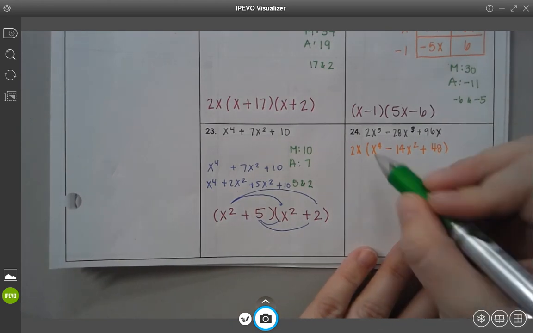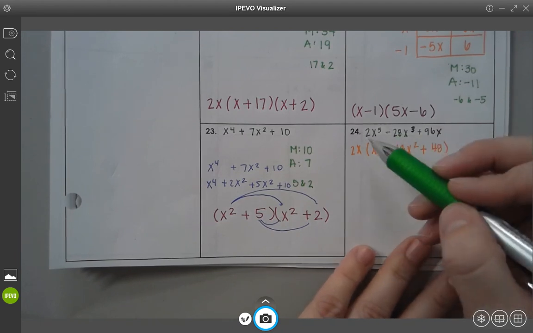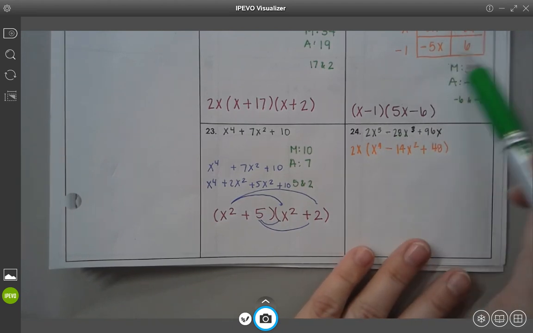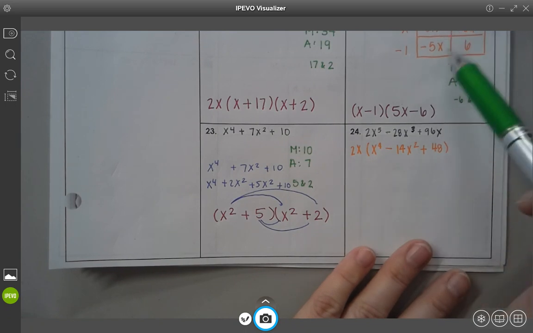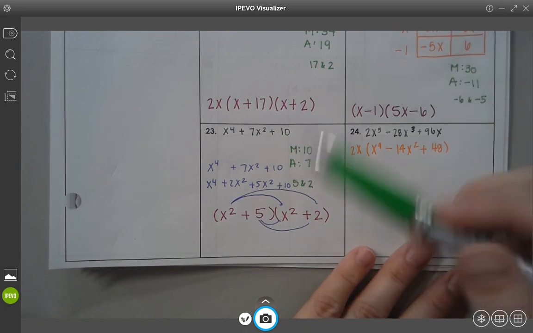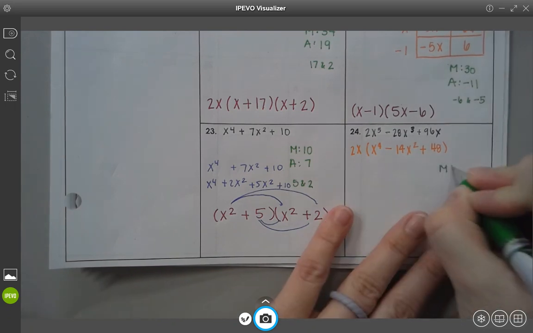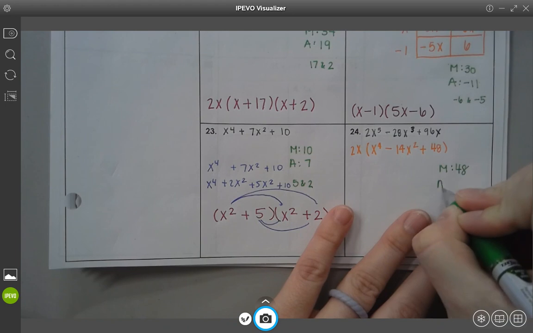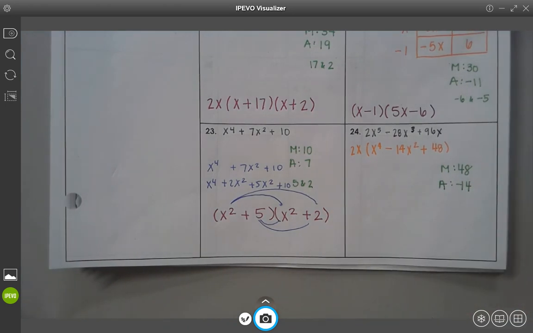So we need two numbers. There's no number in the very front. Now, if there was a number left in front of this x to the 4th, we would have to use the box method. And you would just use x to the 4th and x squared. But there's no number. So multiply to be 48, add to be negative 14. What are those two numbers?